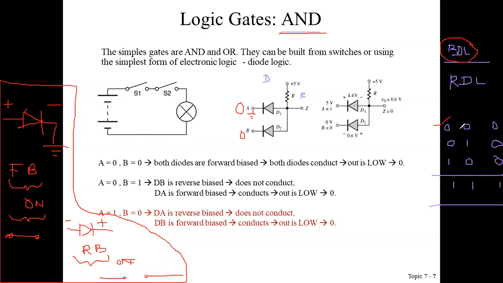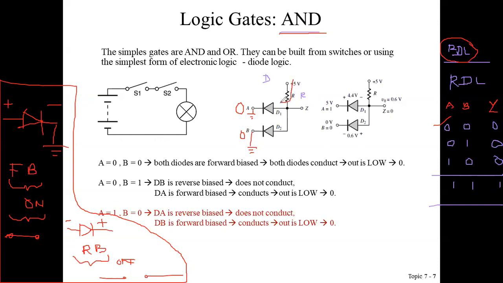That means 0 0 inputs. A equal to 0, B equal to 0. What is the output? Say for example Y as the output, or Z. Now this is VCC, this is ground, here also ground. What will happen?